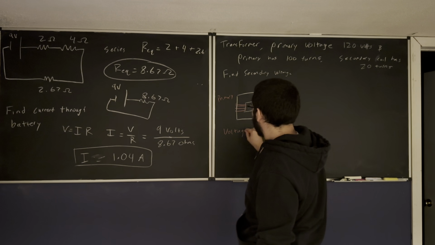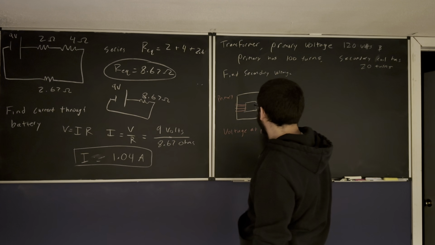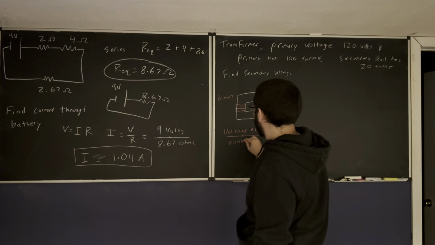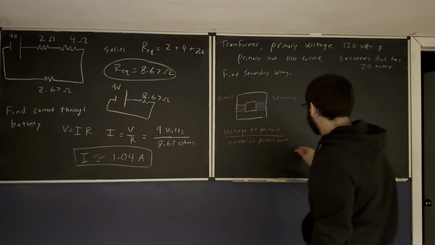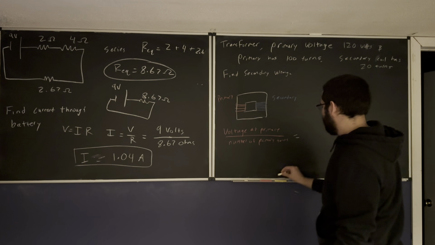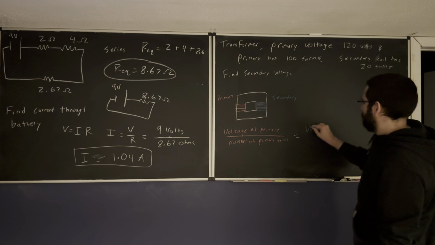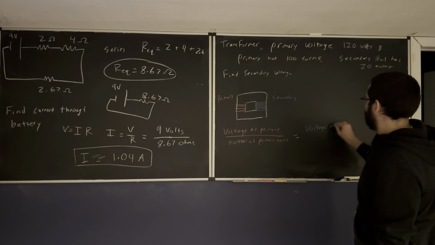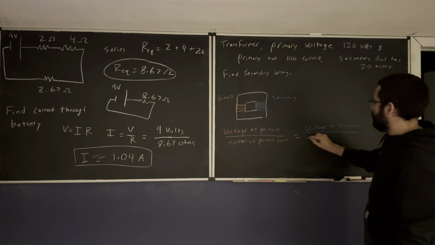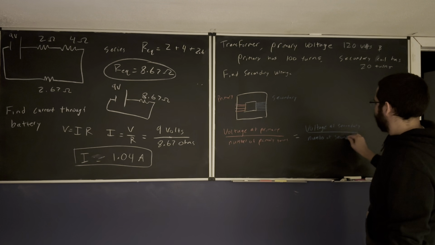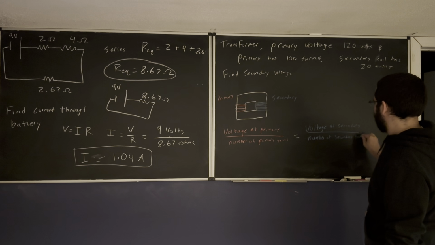So the voltage at the primary divided by the number of turns has to equal the voltage at the secondary divided by the number of turns.